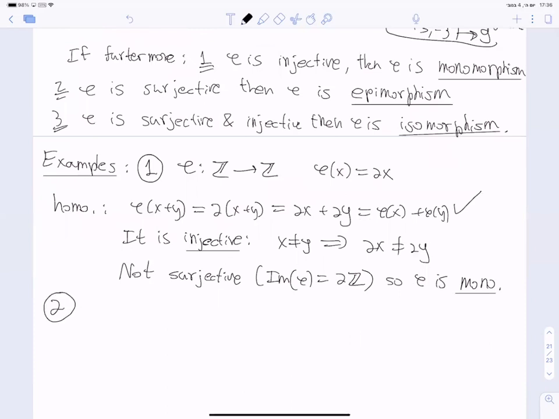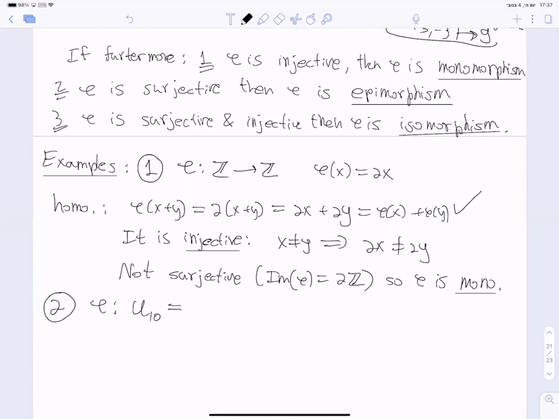Now, second, suppose you take U10. I remind you what U is. It's the group whose elements are the numbers up to 9 that are coprime to 10.